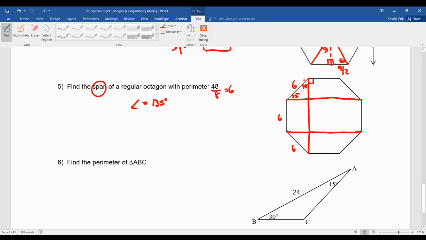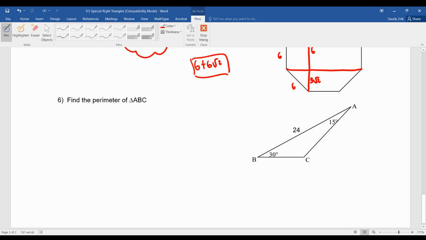Now, if that's 6, this thing here, of course, has to be what? 3 root 2. You'd have the same thing down here as well. Now, this is a rectangle. So my span is going to be this sum, 6 plus 6 root 2. Again, I know we haven't talked about how to do that yet. We'll do that later.